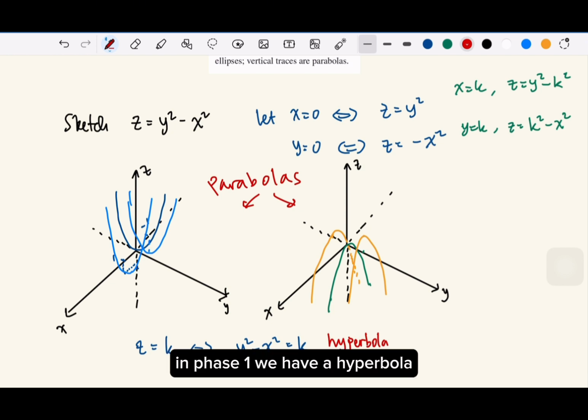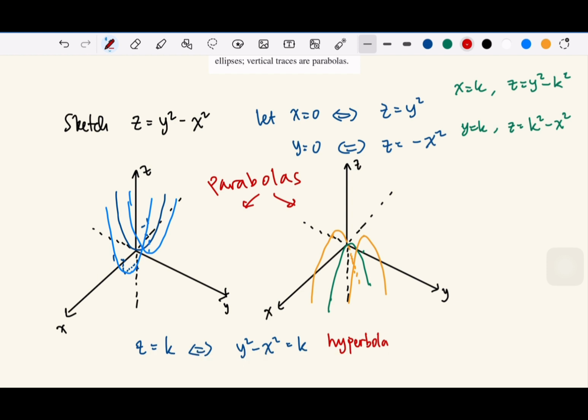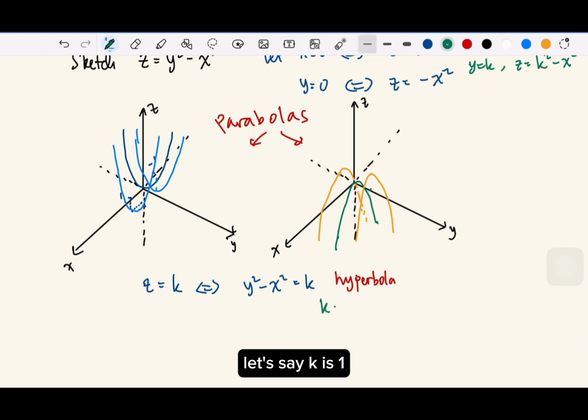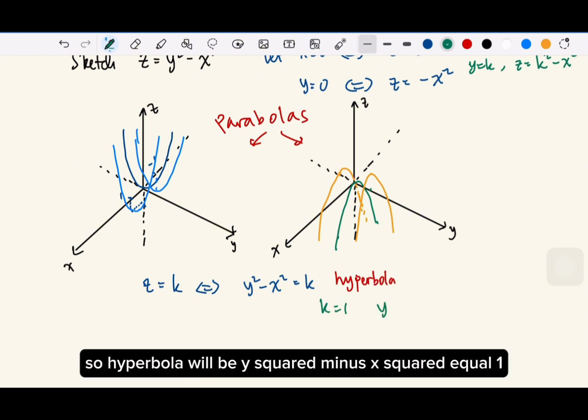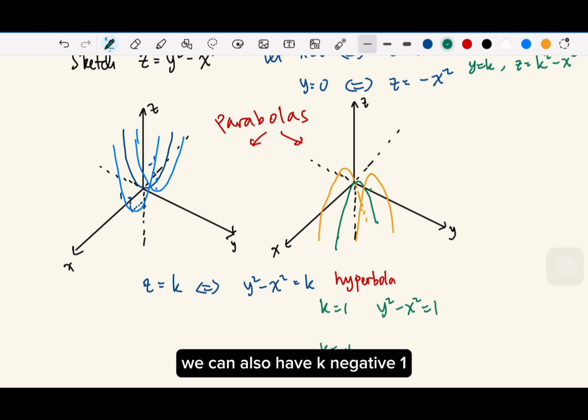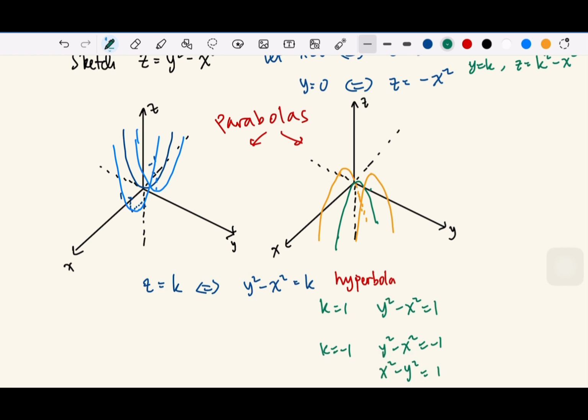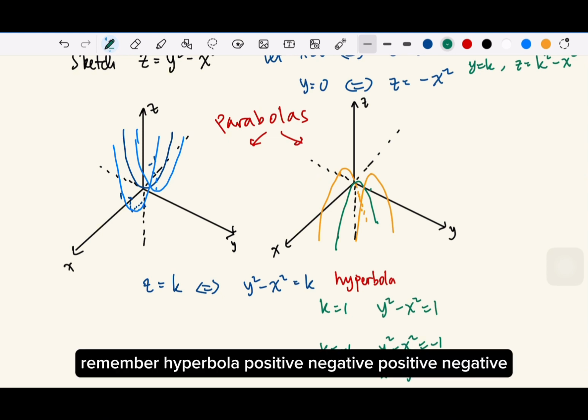If k is 1, we have a hyperbola, y squared minus x squared equal 1. We can also have k negative 1, which gives you y squared minus x squared equal negative 1, or x squared minus y squared equal 1.